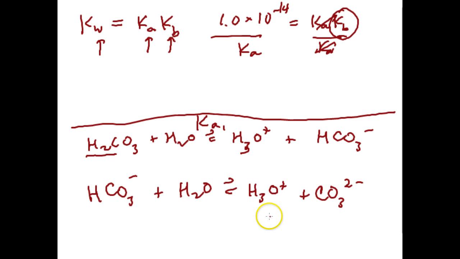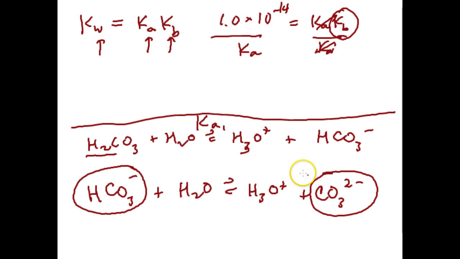Okay. So here, when this is the acid and this is the conjugate base, the Ka for this reaction is going to be Ka2.